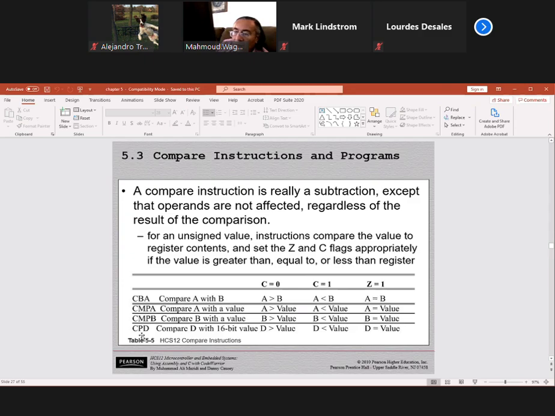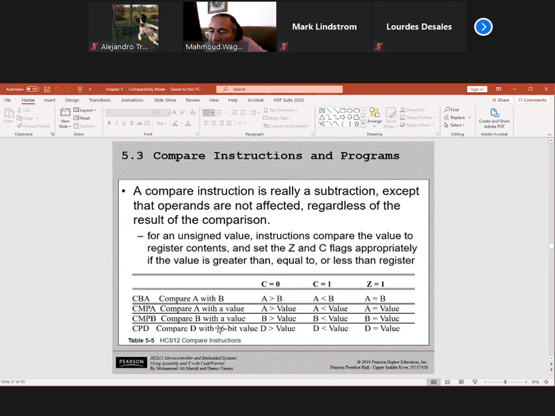Professor, the only ones that matter for comparisons are the C flag bit and the Z flag bit. What about the N flag bit? Does it result in something or is it only for the C flag bit and the Z flag bit?